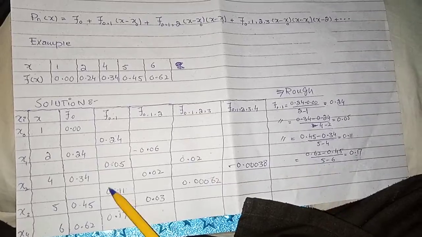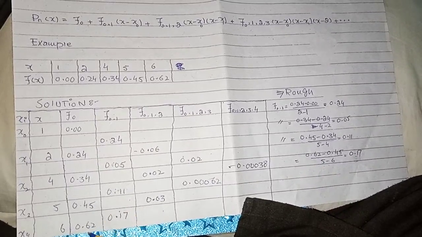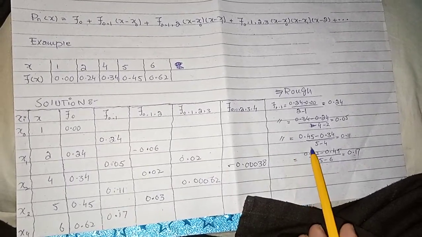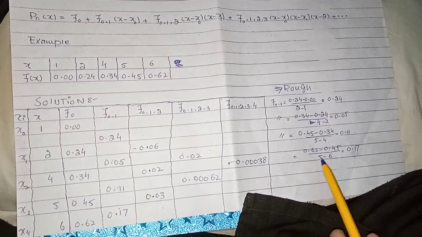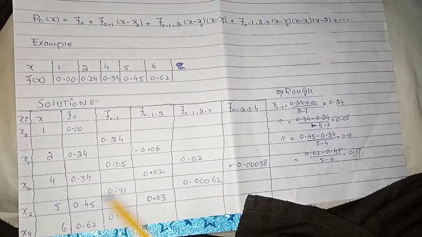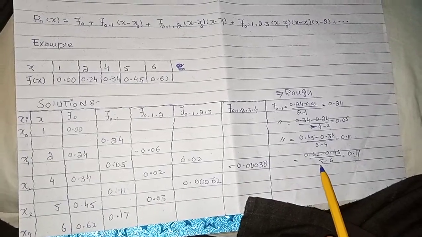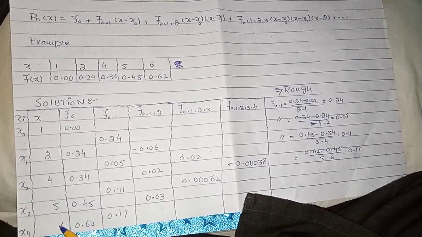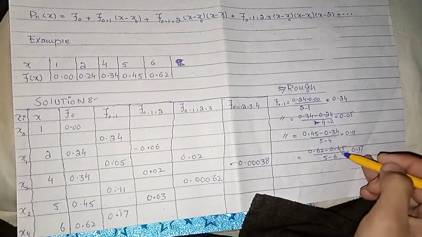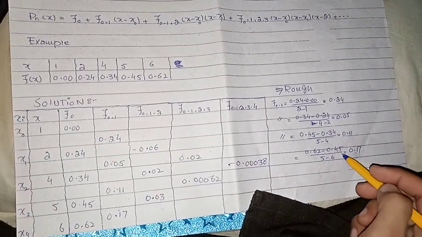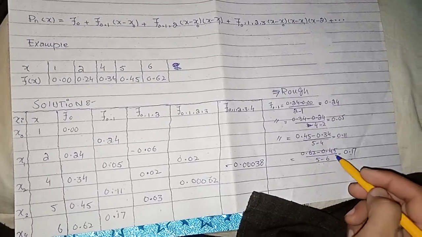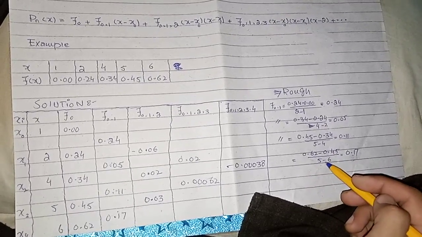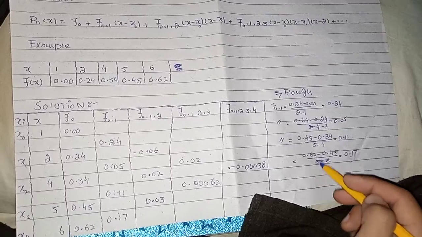So for the third one, subtract this from this. For the fourth one, it would be 6 minus 5. Sorry, it will be 6 minus 5. Subtracting 4 from 6 gives a positive value, and it will also give 1.